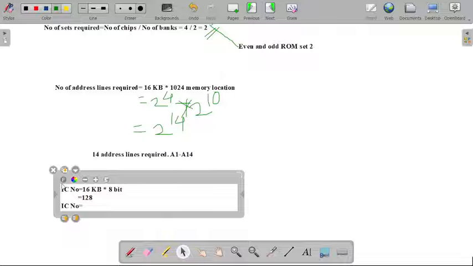The IC number for our ROM will be the number we got from our previous calculation, appended to the prefix of our IC number. The prefix for our IC number is 27 for ROM and EPROM. So 27128 is the IC number that we are using for our EPROM. In the example, ROM is given, so I am writing here ROM.